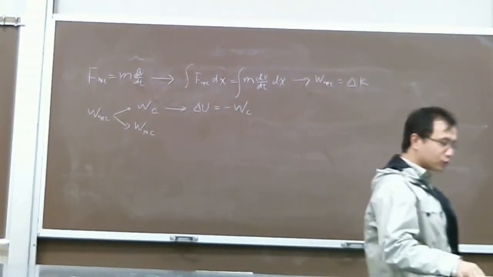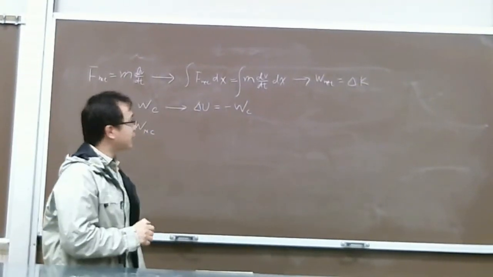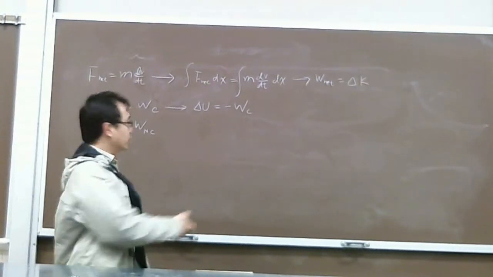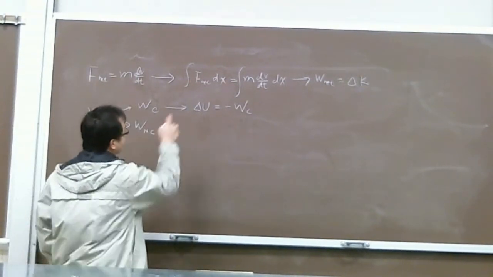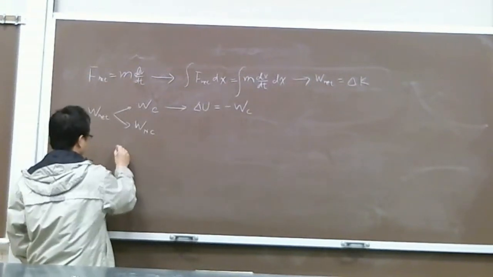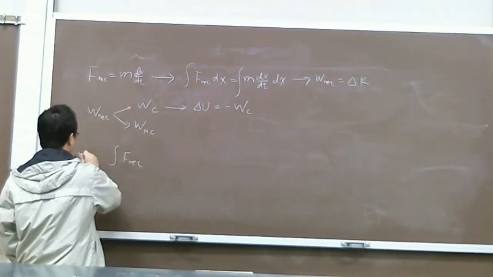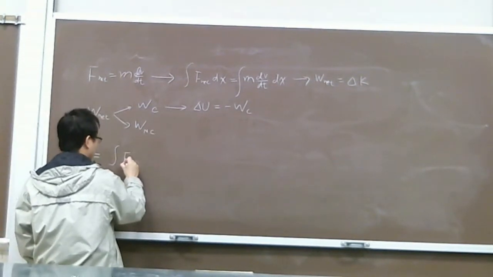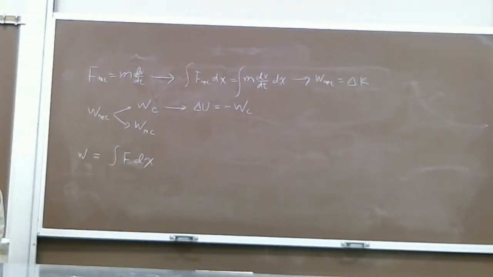But before we can do that, we have to extend our definition to 3 dimensions. We introduced this in terms of 1 dimension. For 1 dimension, the definition of the work, if it's a variable force, W equals the integral of F with respect to the position.